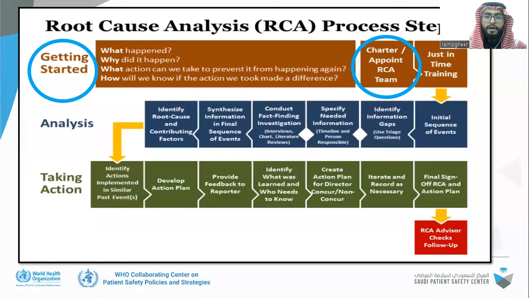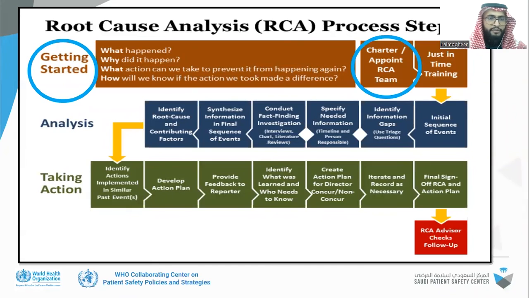Okay, so after the identification of the incident and notifying the leadership, they will appoint the team members and team leader. There is no unified way of conducting this, but RCA team members need to have just-in-time training.